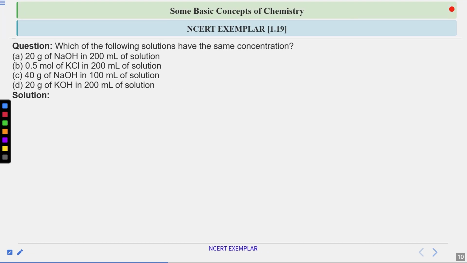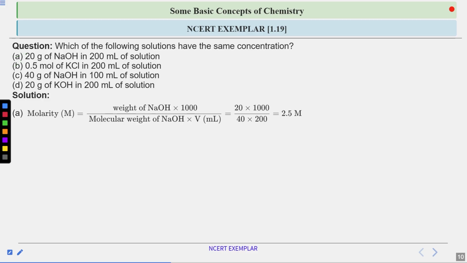How will we calculate? We will calculate the molarity for each of these. For the first case, it will be the number of moles of sodium hydroxide divided by the volume of the solution in liter. The number of moles is calculated as weight of sodium hydroxide divided by the molar mass, not the molecular weight. Now just put these values here.